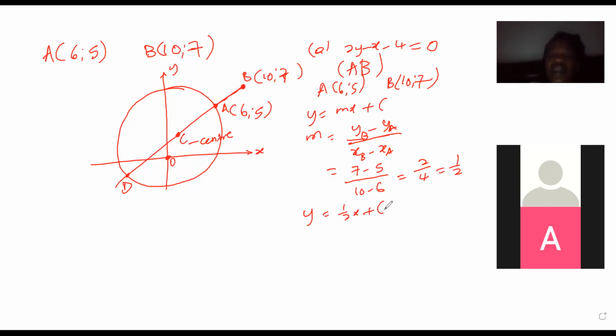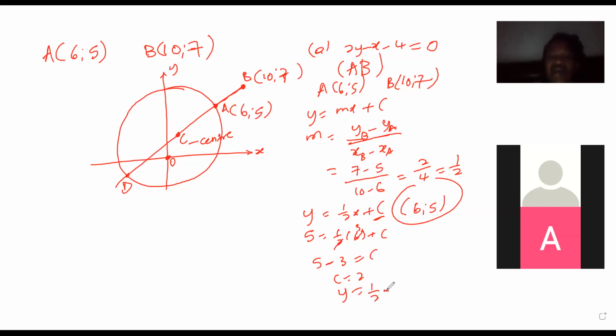Then we need to find c. We take any of those coordinates, let's take those of A, and substitute them in here. So y is 5, half of 6 plus c. This is 3, so 5 minus 3 is c. C is going to be 2. Therefore, y is half x plus 2.